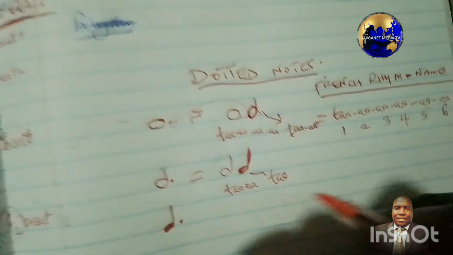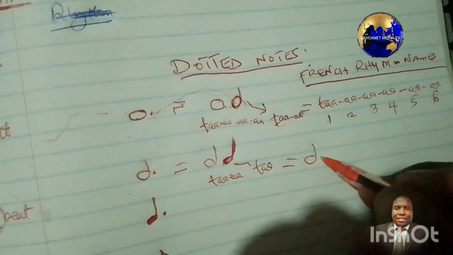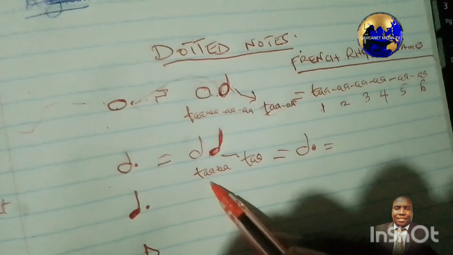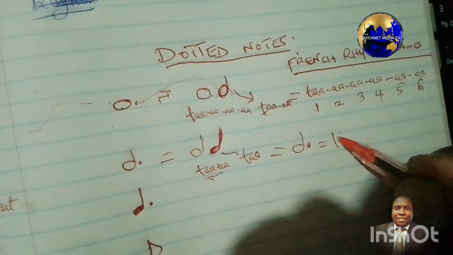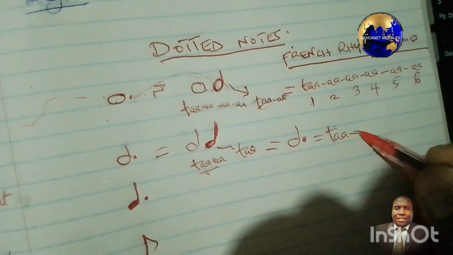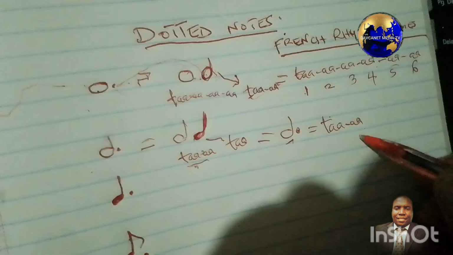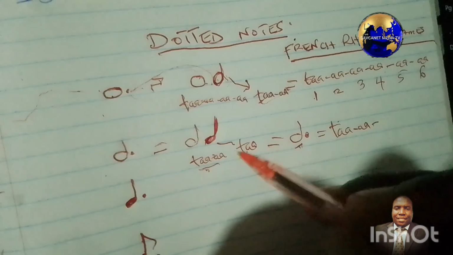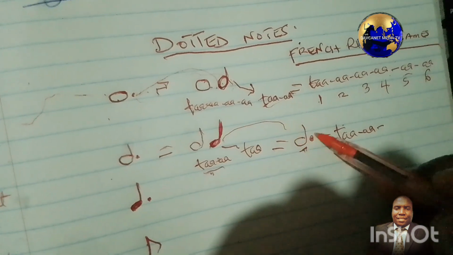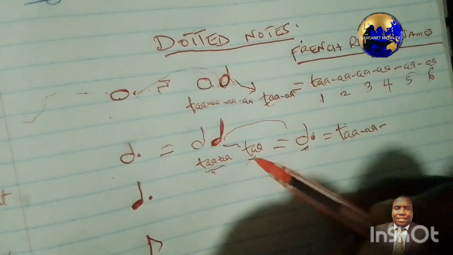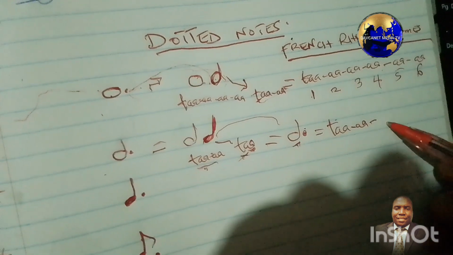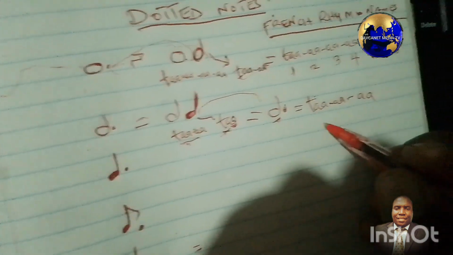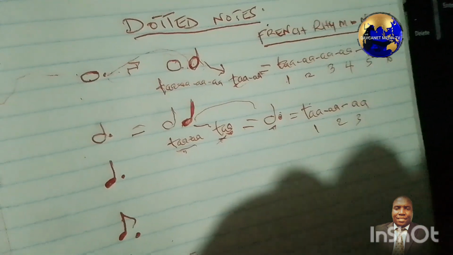Now the dotted minim: we write the French rhythm name of a minim, and then because the crochet is replaced by a dot, we only use a, we omit ta. So a dotted minim has 1, 2, 3 beats.